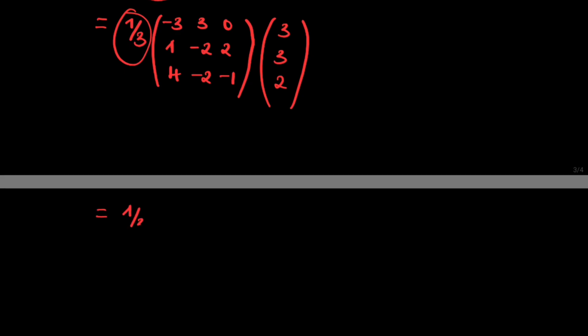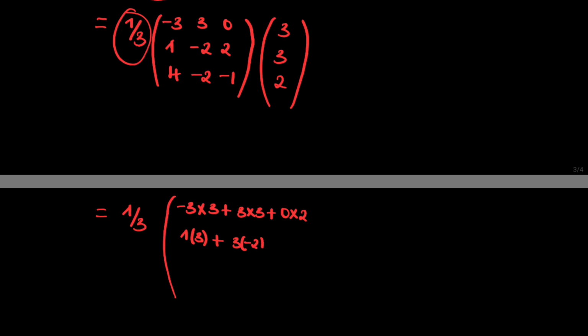So I'm going to have 1/3 times. Remember, we are multiplying rows by columns. So we have minus 3 times 3 plus 3 times 3 plus 0 times 2. That's our first element. 1 times 3 plus 3 times minus 2 plus 2 times 2. Second, 3 times 4 plus 3 times minus 2 plus 2 times minus 1.